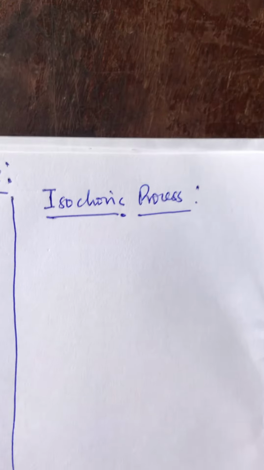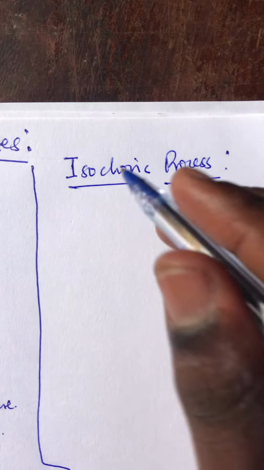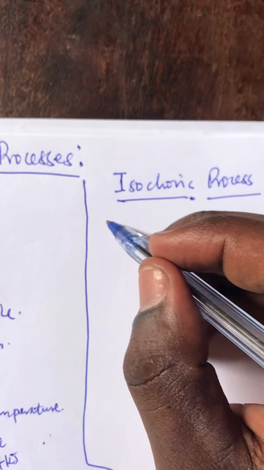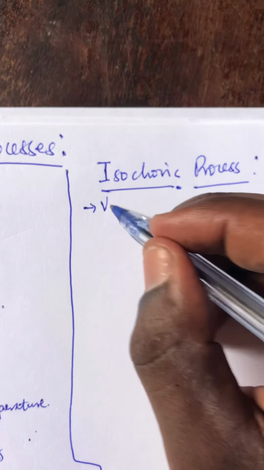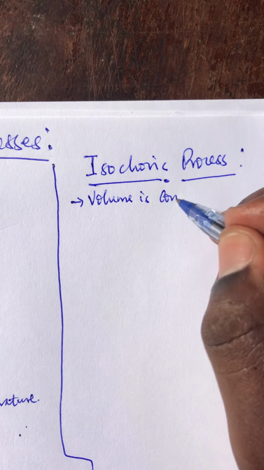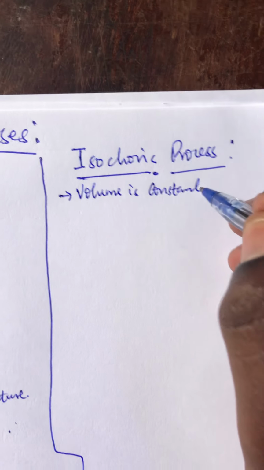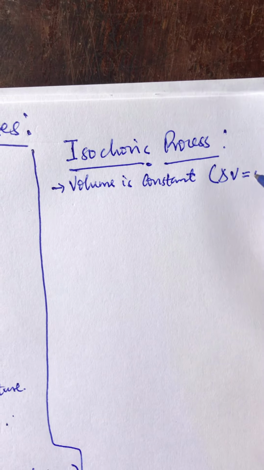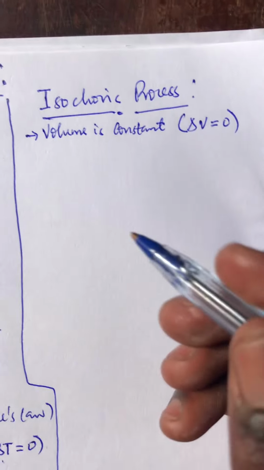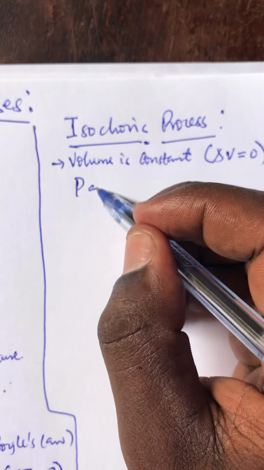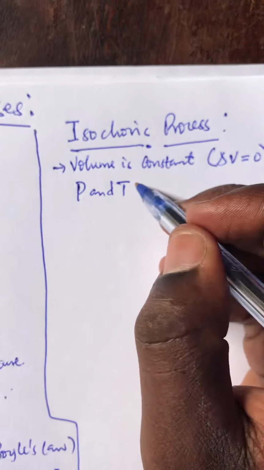So now under this isochoric process, the isochoric process means that volume is what? It's constant. That means what is varying? That means the change in volume is zero. Since volume is constant, that means pressure and temperature are varying.